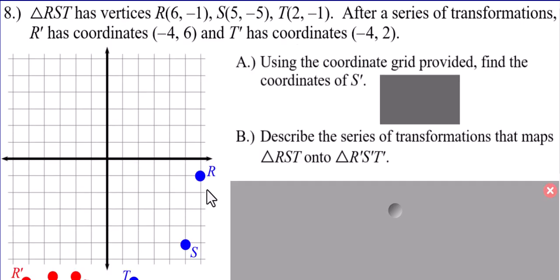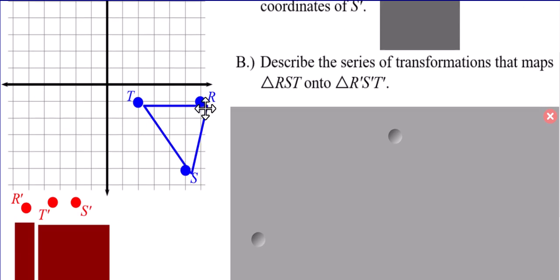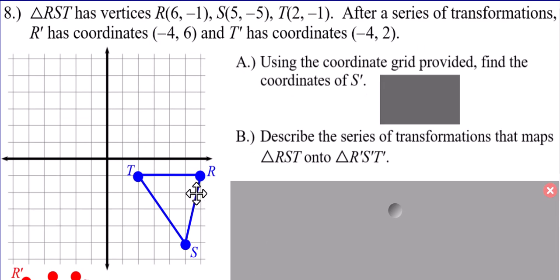There is S. And finally, T is 2, -1, so we're going to go right 2 and down 1, right there. Okay. Let's go ahead and connect those dots and draw our line segments to make our triangle. Something like that.